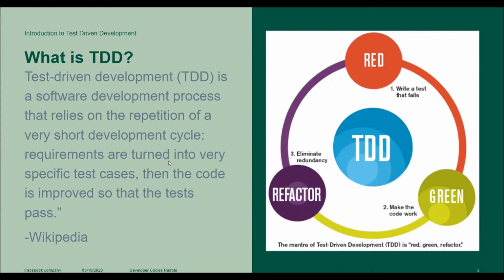On the right, we can see the whole idea of TDD, the red-green-refactor method, where you start by writing a test that is supposed to fail, and then you write code that implements the functionality of the test, and then you refactor to eliminate redundancy and improve the code quality.